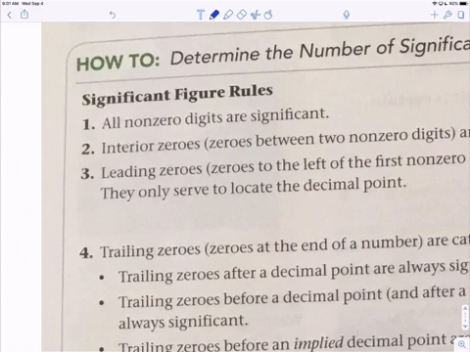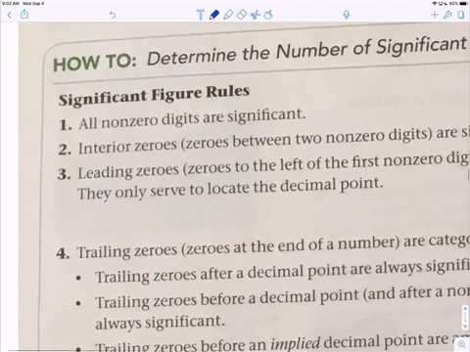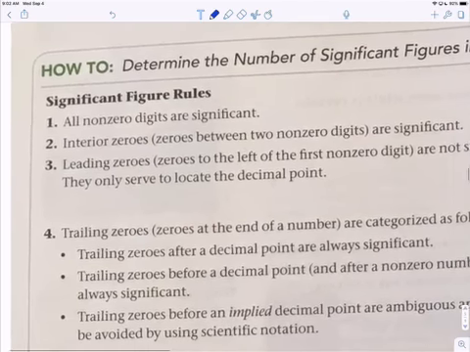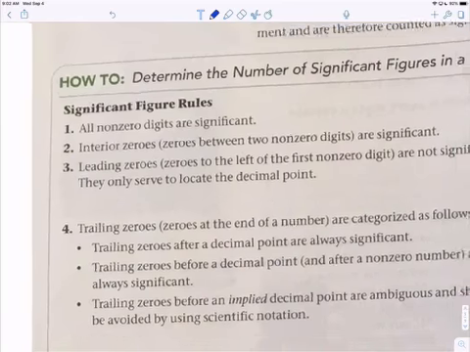So sig figs, the idea of significant figures, tells you how well you know something. So here are the rules. Non-zeros are significant. Interior zeros are significant. Leading zeros are not significant.